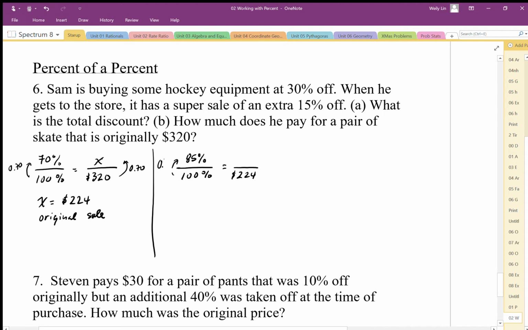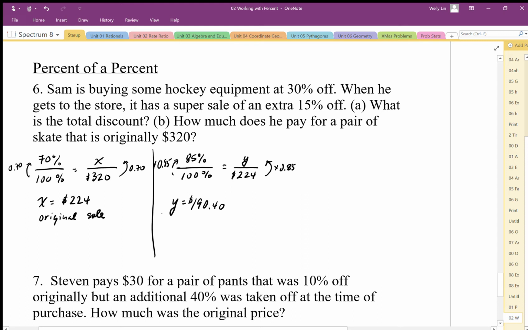There's my multiplier, 0.85, and I'm going to call that Y this time. So we end up with the second discount price as $190.40. This is our final answer.